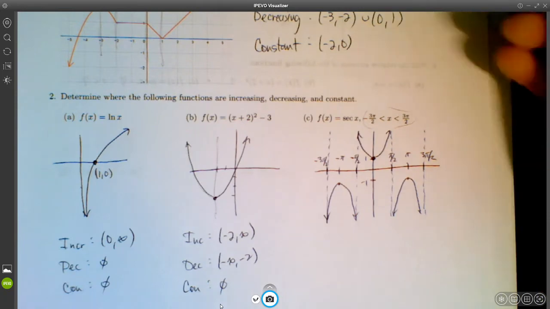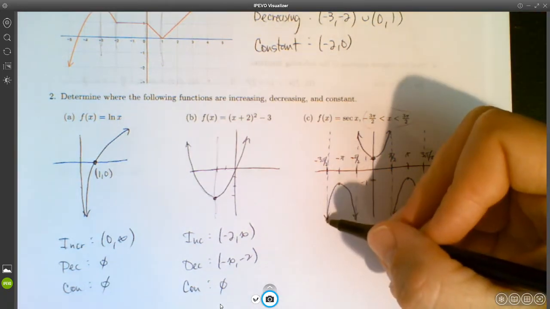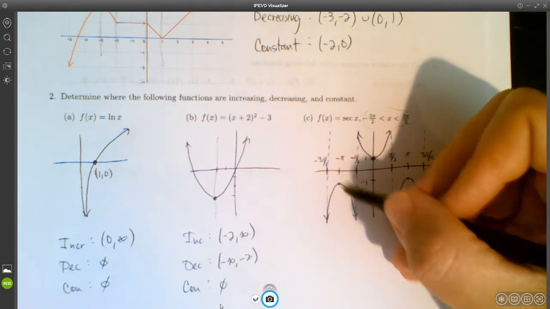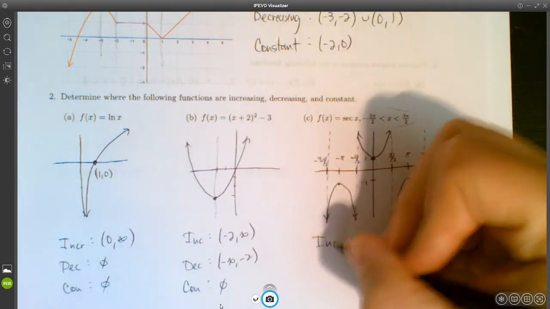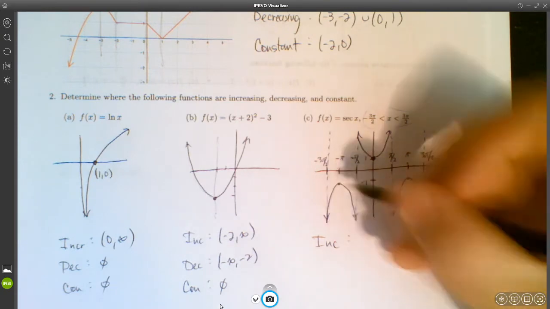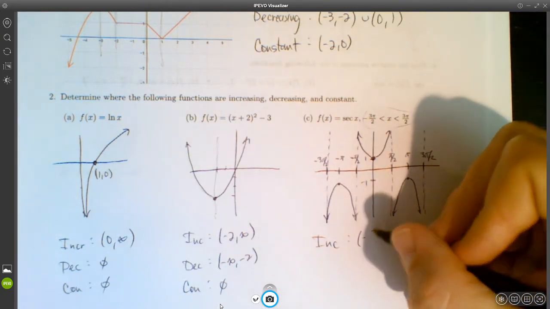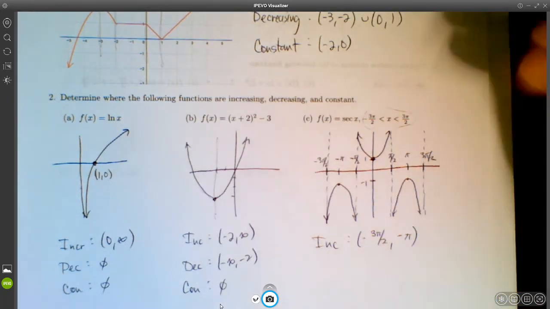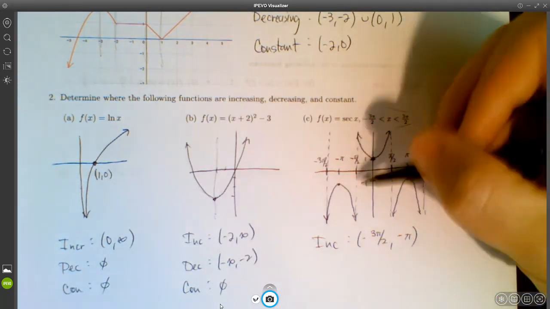Okay, so where is it increasing? It looks like it's increasing from negative 3 pi over 2 to negative pi, and then it starts to decrease, but I'm going to keep track of all the places where it's increasing. So from negative 3 pi over 2 to negative pi. Then it starts to decrease.